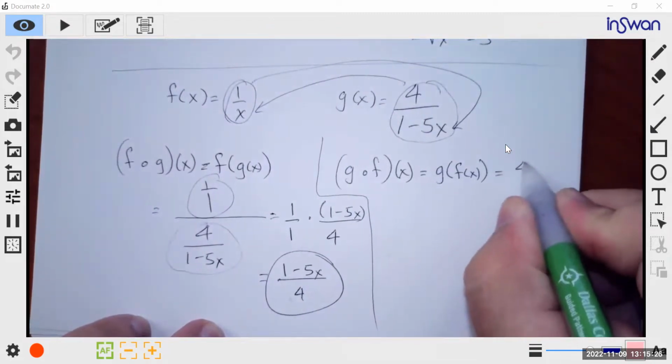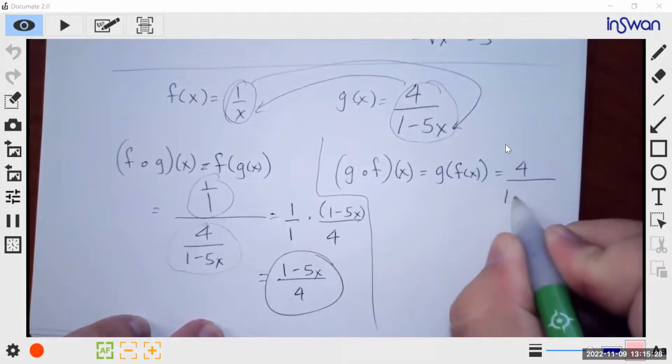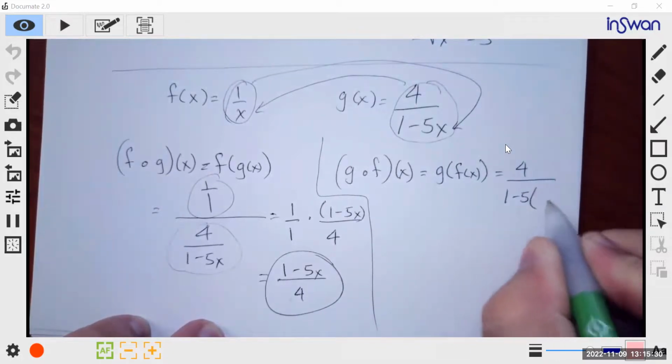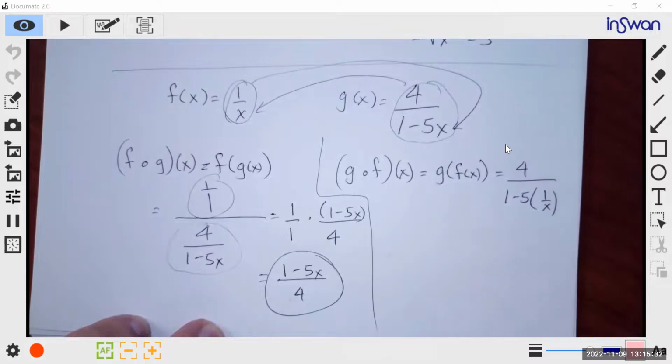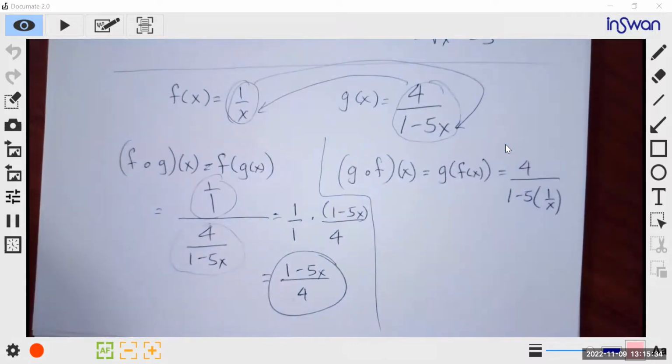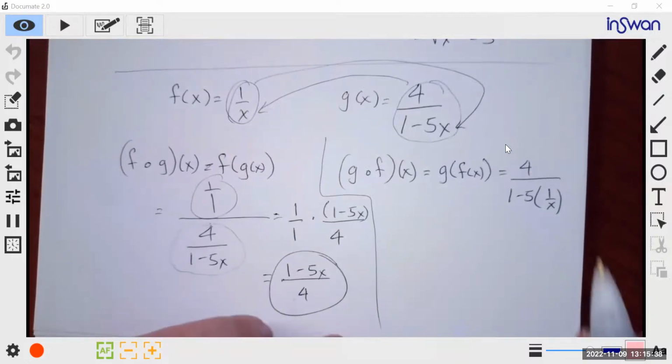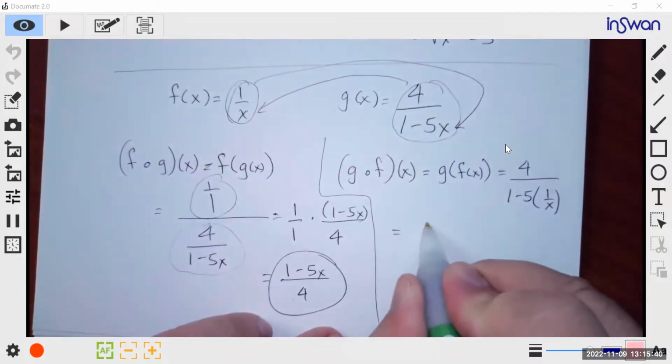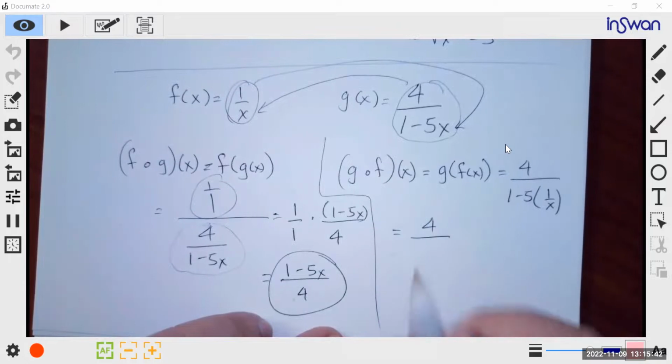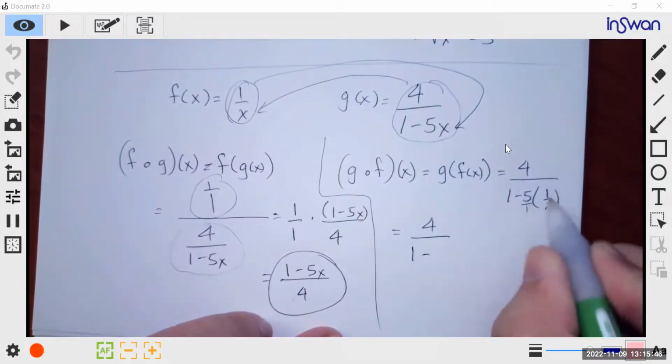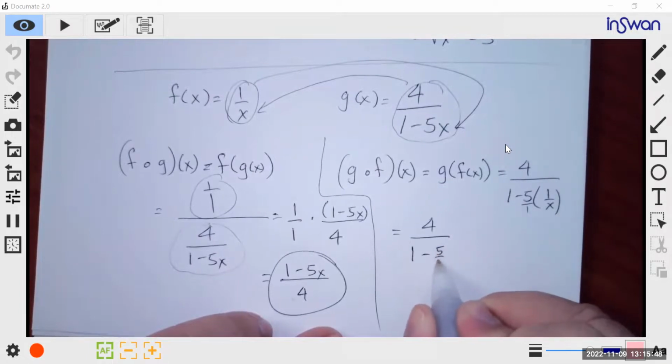So it's 4 over 1 minus x is 1 over x. 5 over 1 times 1 over x is 5 over x.